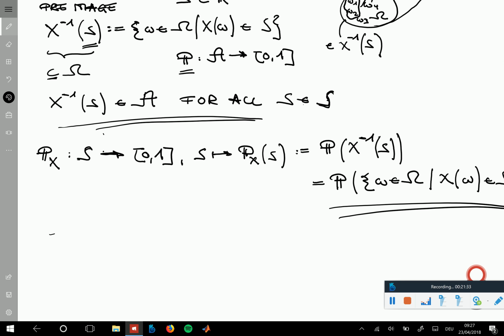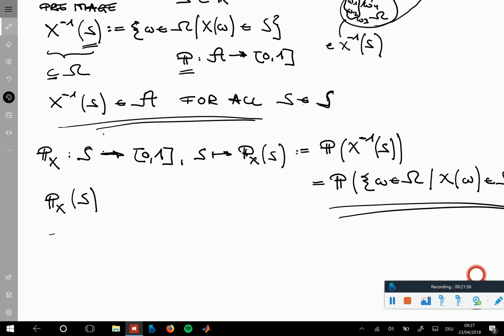And this probability that you allocate to the omega in omega, which get mapped onto elements of S, is what you call the probability of the set S under X. So that's the probability that is associated with a set S under X.